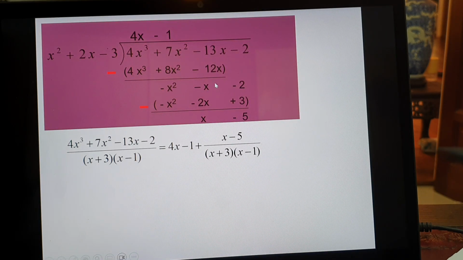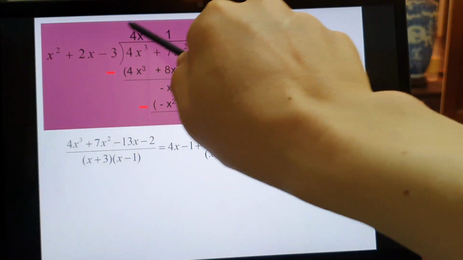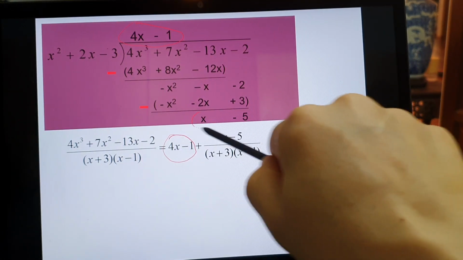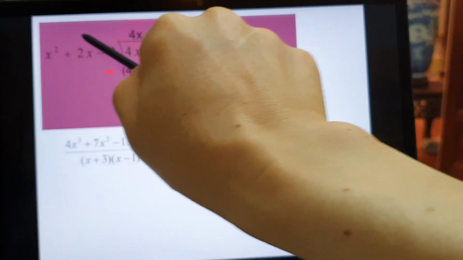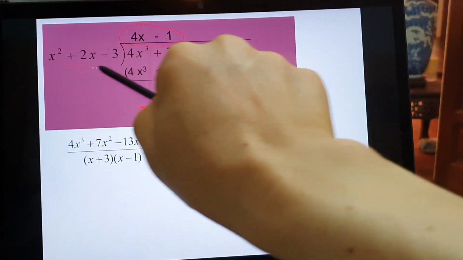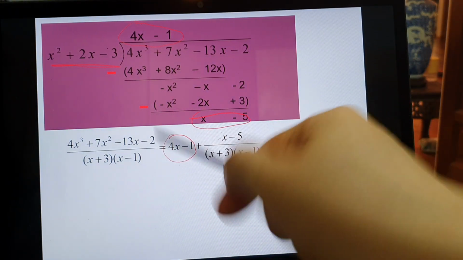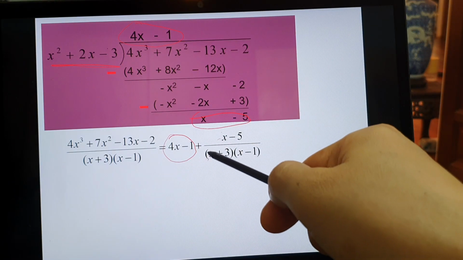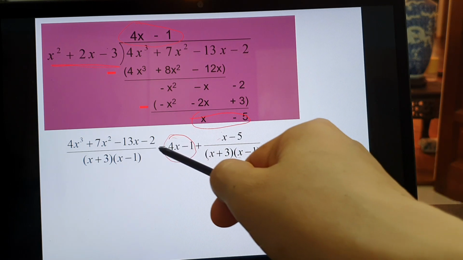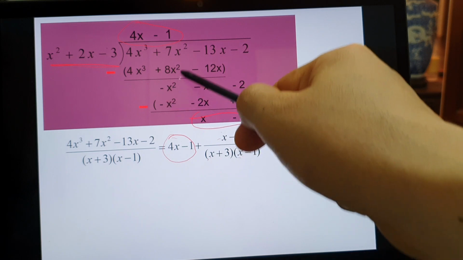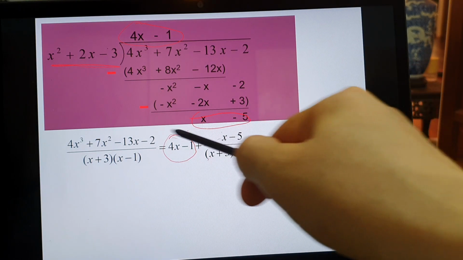Okay, so let me just explain. This one we've done in class before, so you put here the remainder, you put it over your divisor. Okay, so that's it. Why is it like that? Because this times this is actually your that thing there, okay? But the remainder is x minus 5.